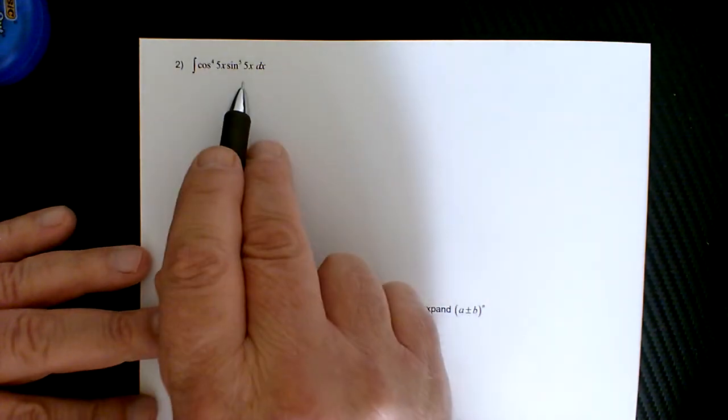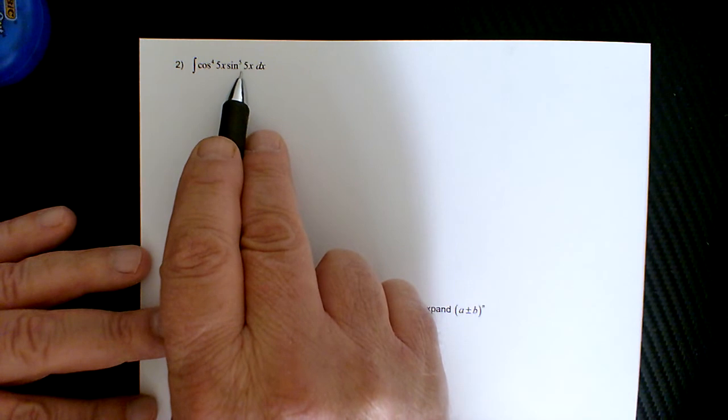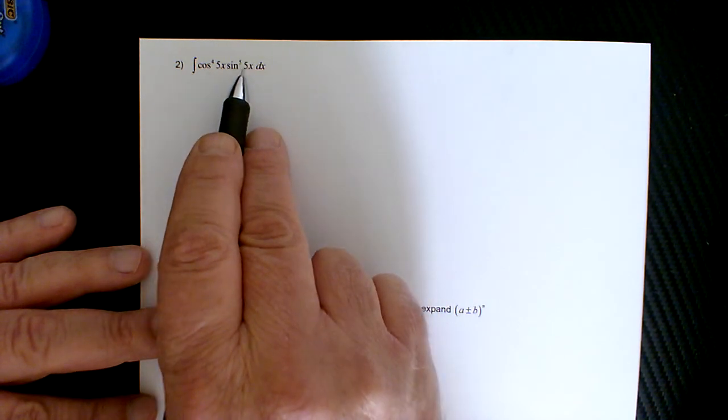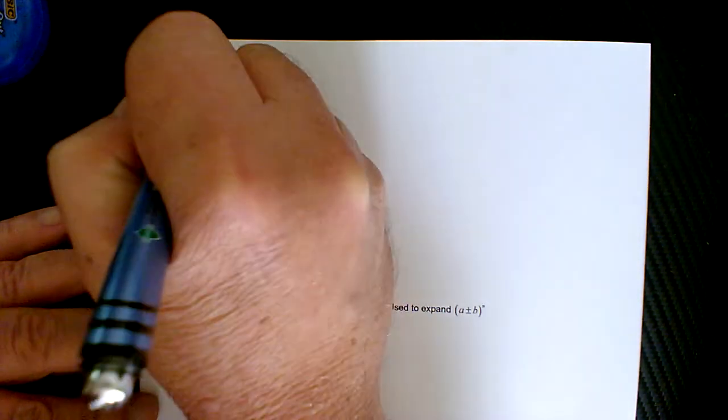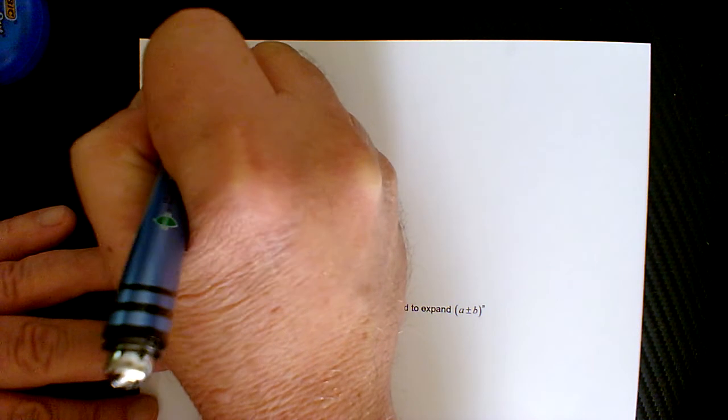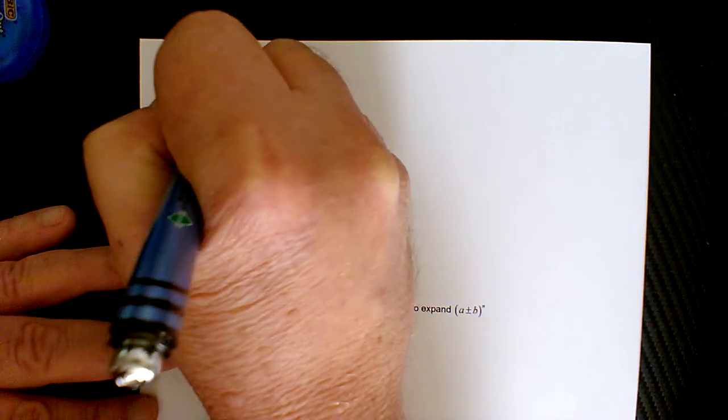So again, it's the smallest odd power that you want to focus on. And so even though 4 is smaller than 5, 4 obviously is even. So you're going to take one factor of sine away from, actually let me rewrite this first.